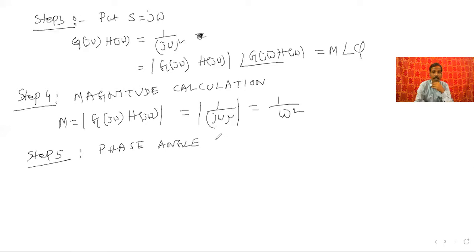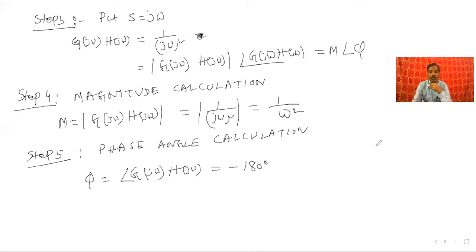What is the phase angle? Phi equals angle of G(j omega)H(j omega) equals minus 180 degree, because 1 by j omega into 1 by j omega, minus 90 degree minus 90 degree equals minus 180 degree.